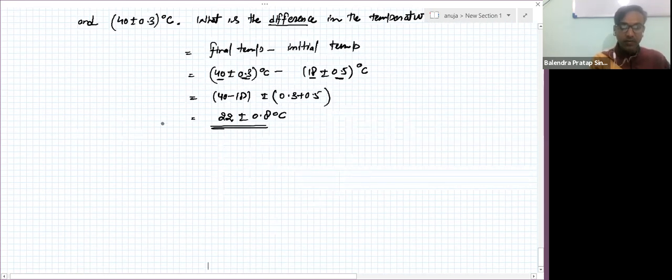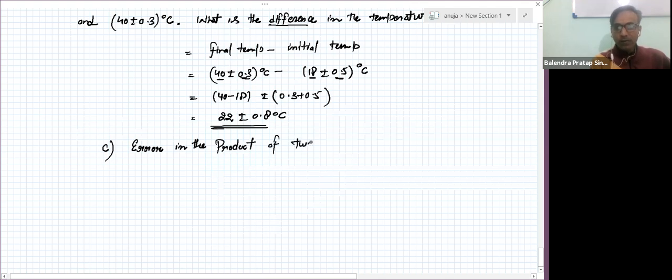This is the third formula: C, error in the product of two quantities.